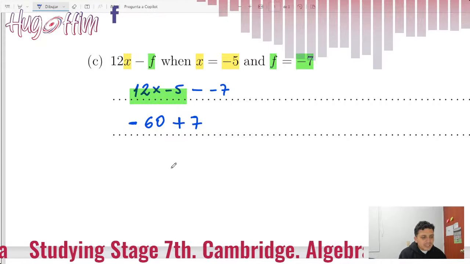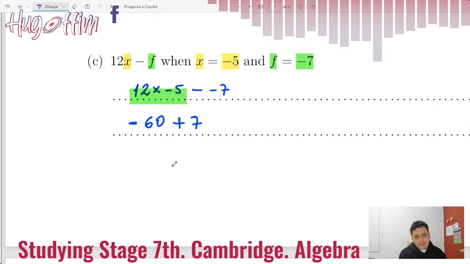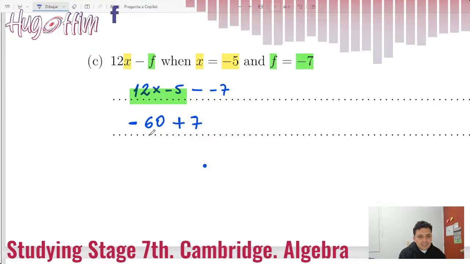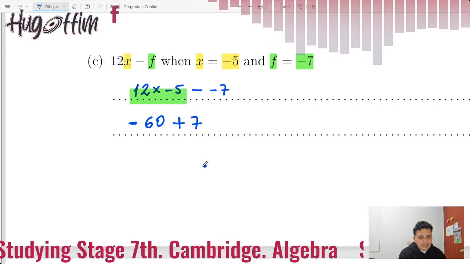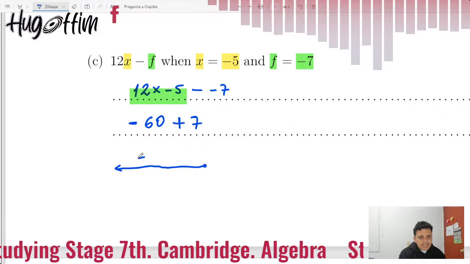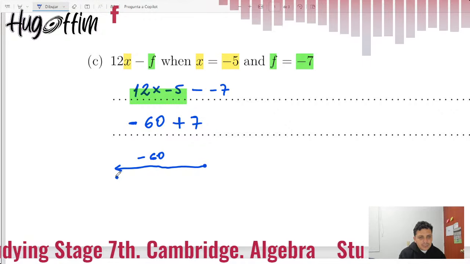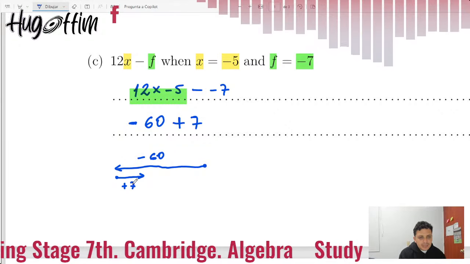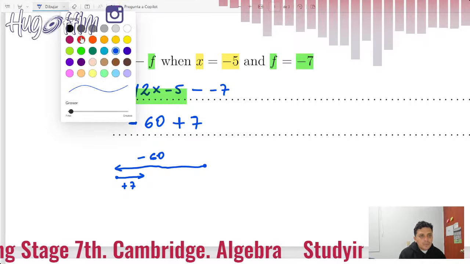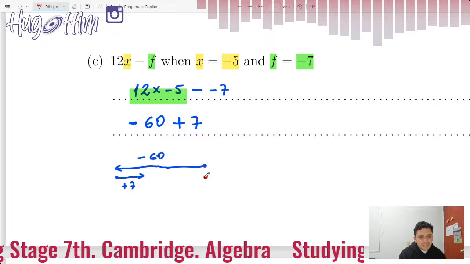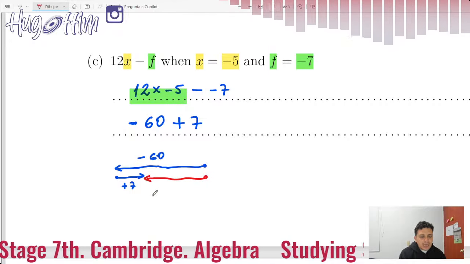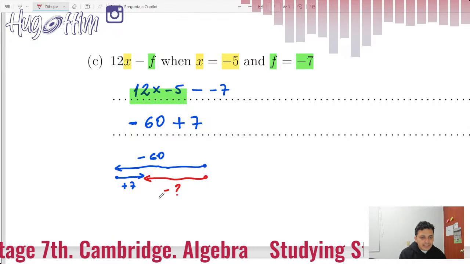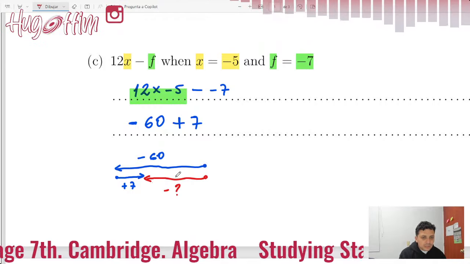Now, remember that if you don't remember how to add integers, you can imagine these numbers on a number line like an arrow. So imagine an arrow that is -60, and for this arrow you're going to put a +7 here. And what we want to know is this answer. How much is this number? Now look at that, this number is negative, right? Because it's going to the left.